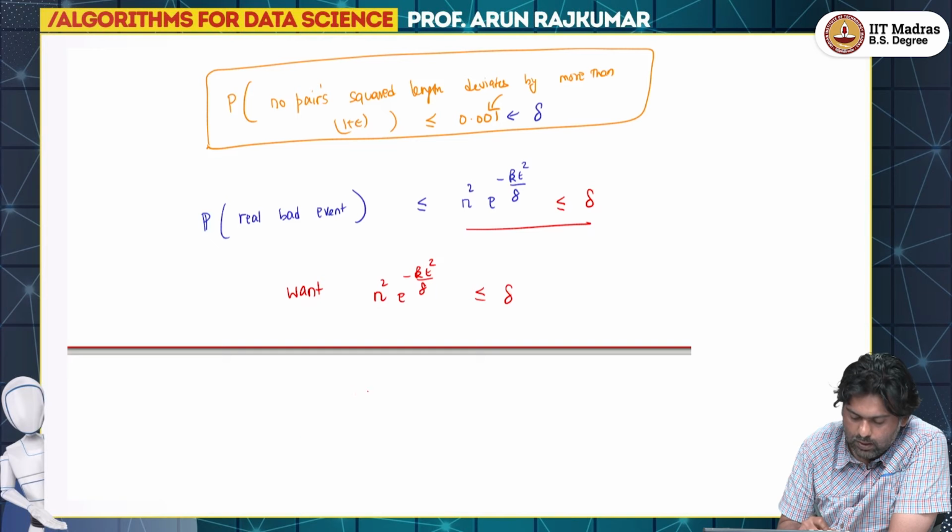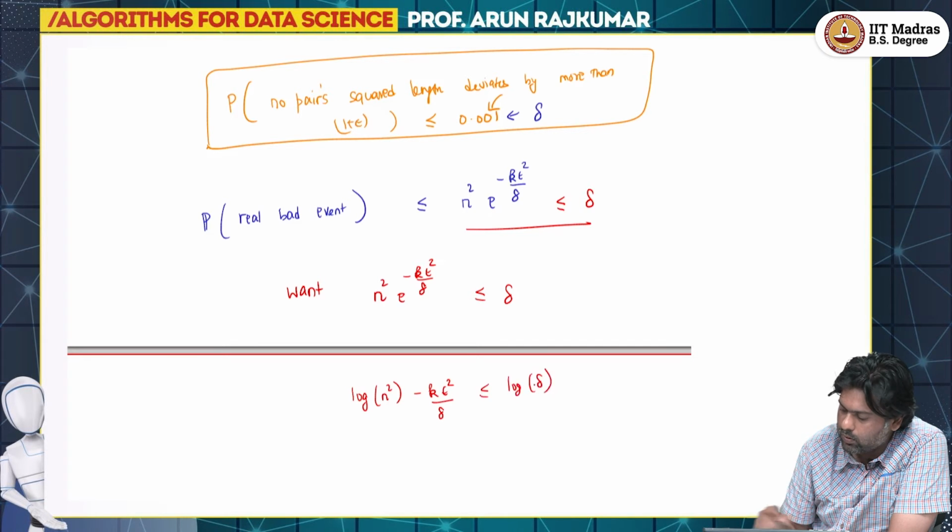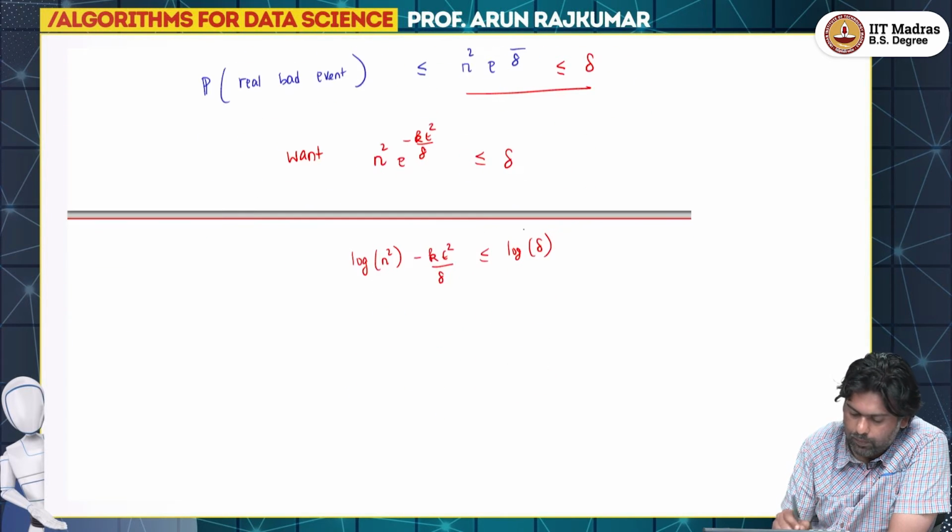Take log on both sides. So, that will be log n squared minus k epsilon squared by 8 is less than log delta. Log is monotonic, so the less than or equal to stays, which implies k epsilon squared by 8 is greater than or equal to log n squared minus log delta, which is just log of n squared by delta.